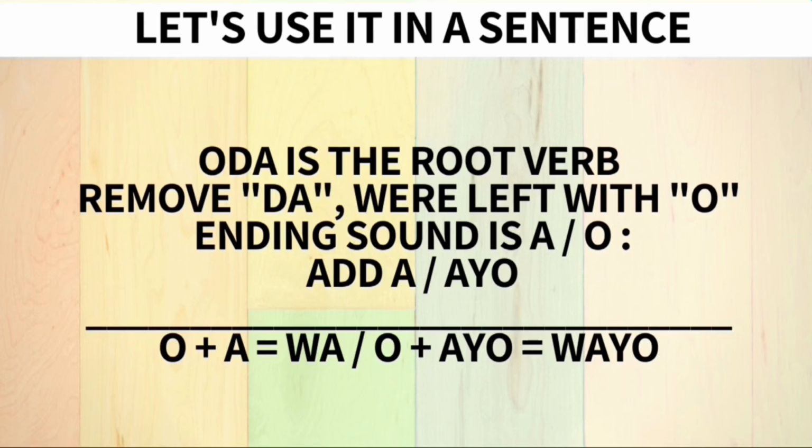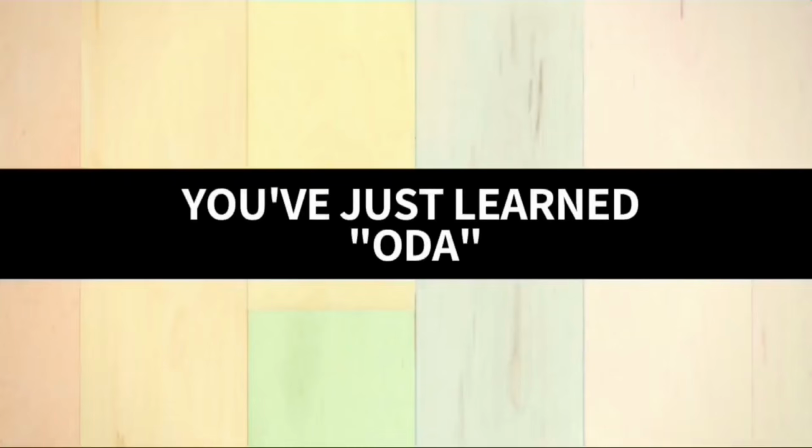And since for the case of ODA, we're only left with o, and o falls under the sound a or o, the suffix that we'll have to add is ayo. O plus ayo results in wayo. And as also mentioned in the previous discussions, yo is just added to add to the politeness of a word. So, wa is also just the same as wayo. And with that, you've just learned ODA.